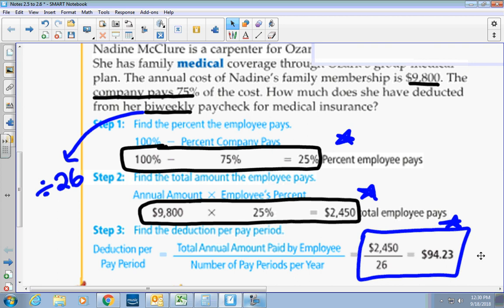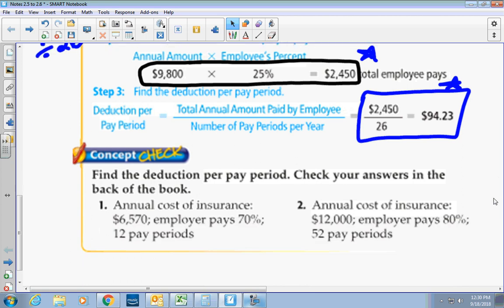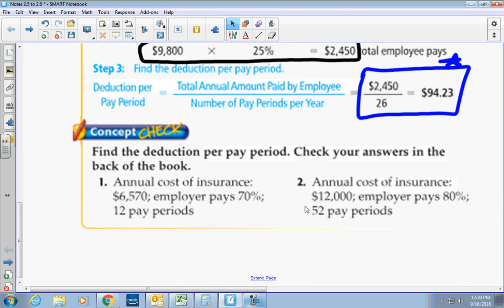All right, we're going to do one more practice problem together, and I'm going to have you try one on your own. So we're going to take number 1 here, and we have an annual cost of $6,570. The employer pays 70%, and we are paying it monthly.